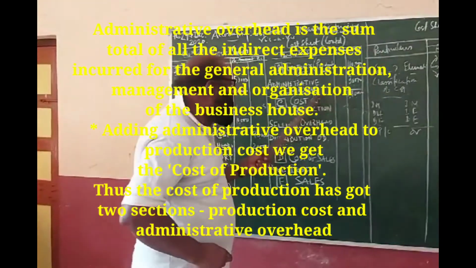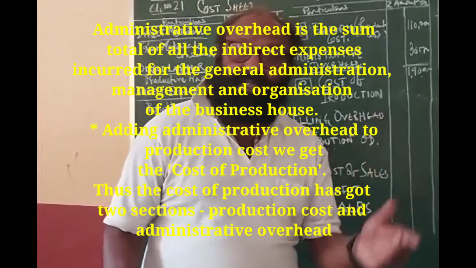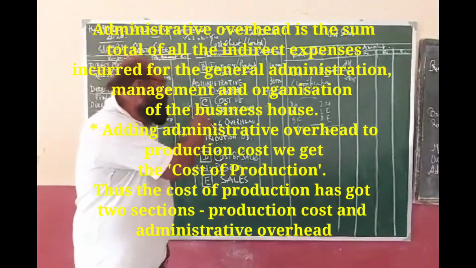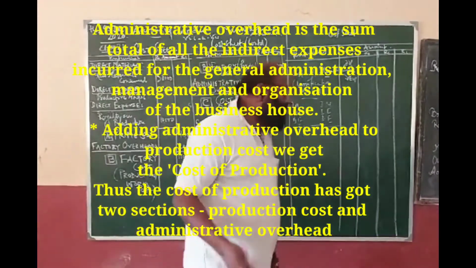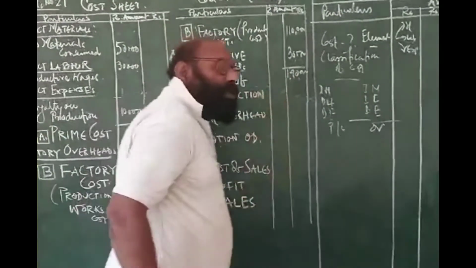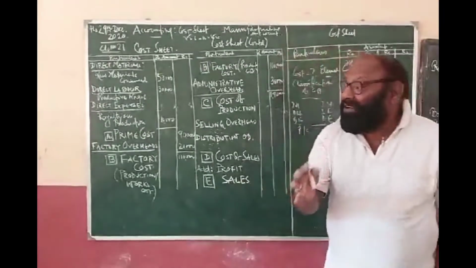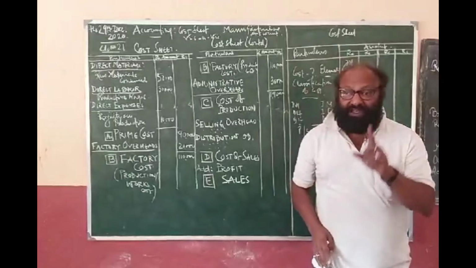Then to that I am adding administrative overhead. Administrative overhead are the heads of expenses which we have incurred for administration and management of the organization. And that is 30,000, and that constitutes cost of production. Then what is the difference between cost of production and factory cost or production cost? Production cost has got two constituents.